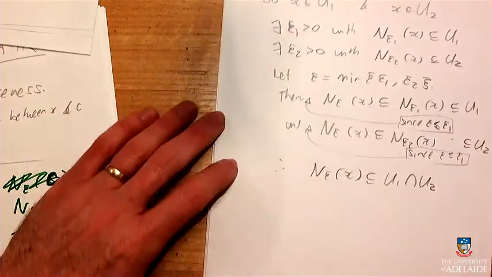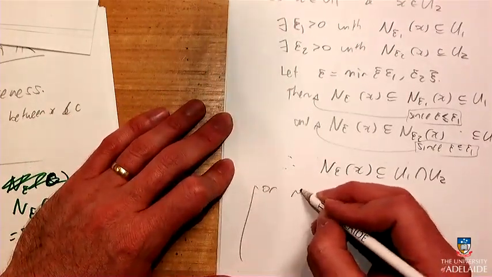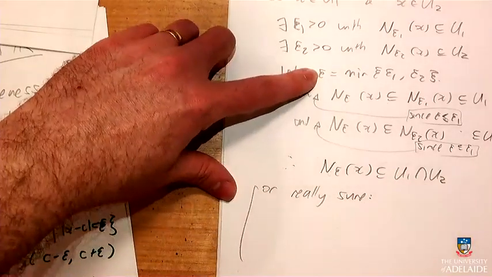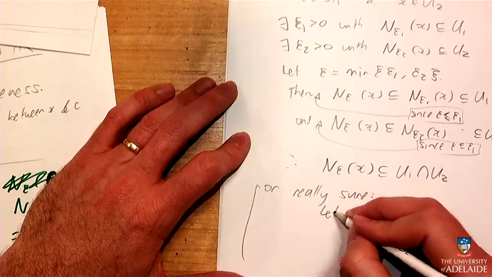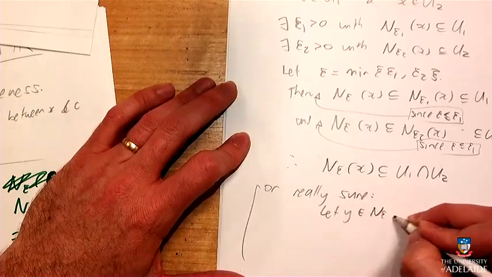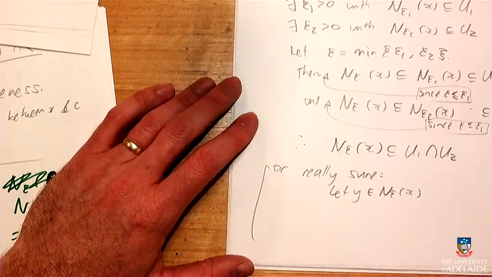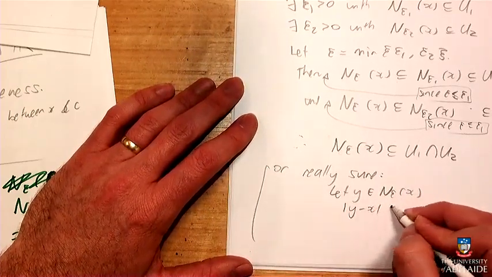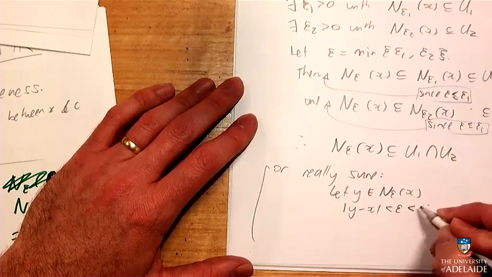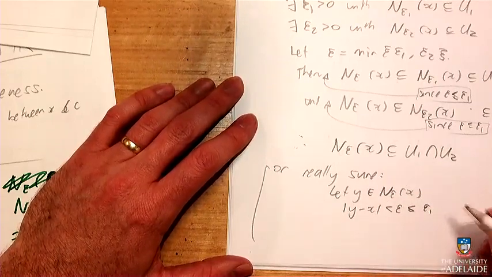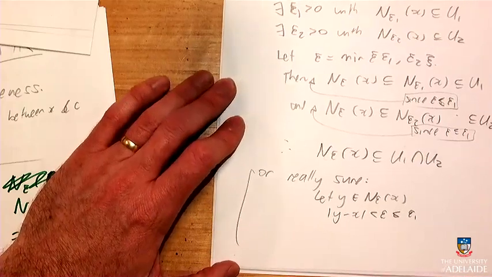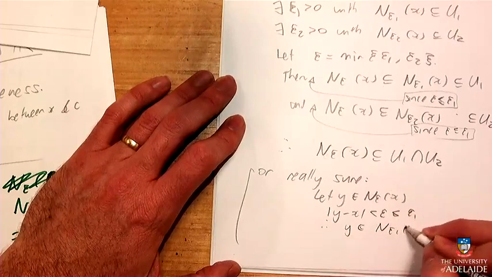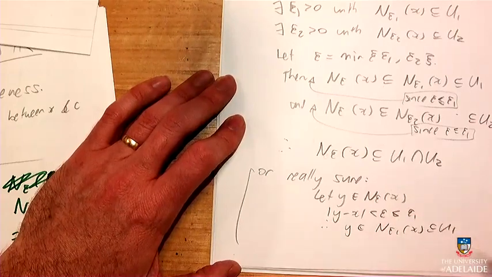But if you really wanted to be really rigorous, once you had chosen what epsilon is, you could have said, let y be in the neighbourhood of epsilon around x. And then you can say, well, the distance between y and x is less than epsilon, which is less than or equal to epsilon 1. And so therefore y is contained in the neighbourhood epsilon 1 around x, which is contained in U1.